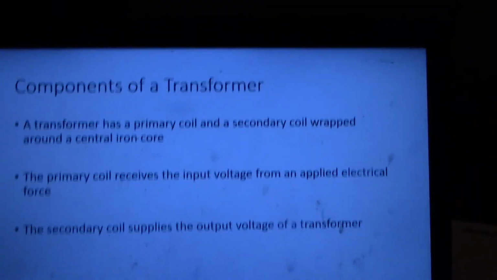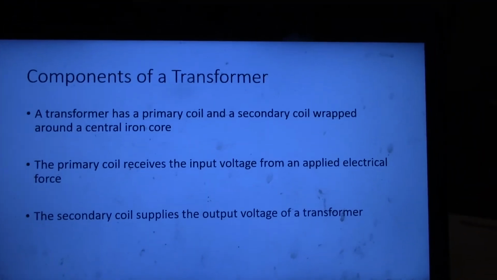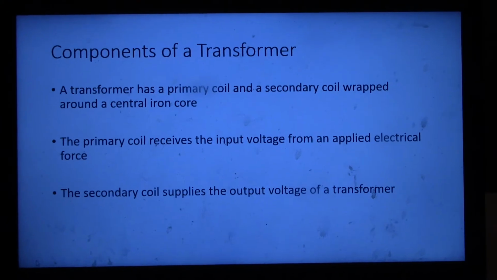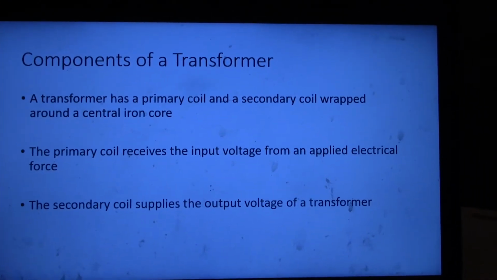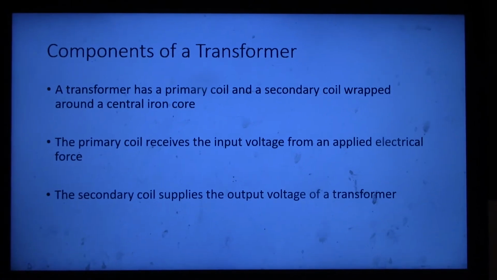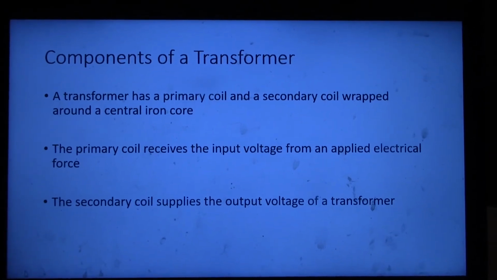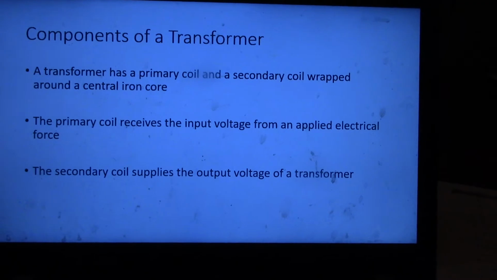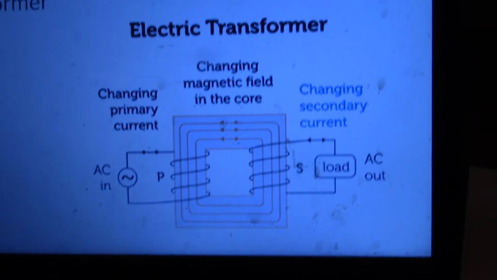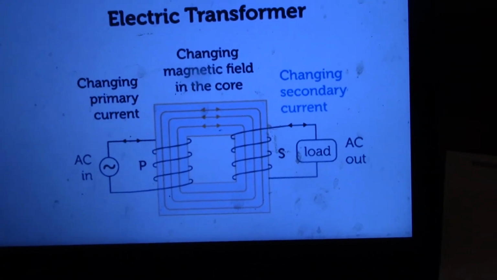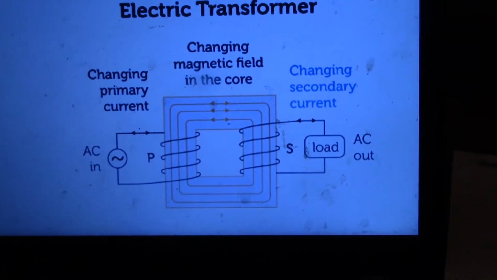Okay, so components of a transformer. It has a primary coil and a secondary coil wrapped around a central iron core, as I just said. The primary coil receives the input voltage from an applied electrical force, and the secondary coil supplies the output voltage of a transformer. This is another, simplified diagram. You have a primary current coming in.